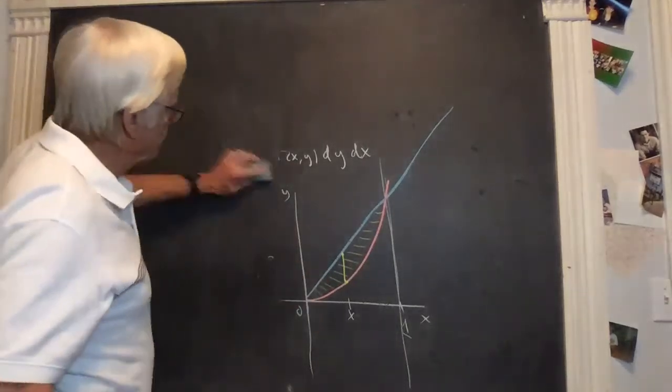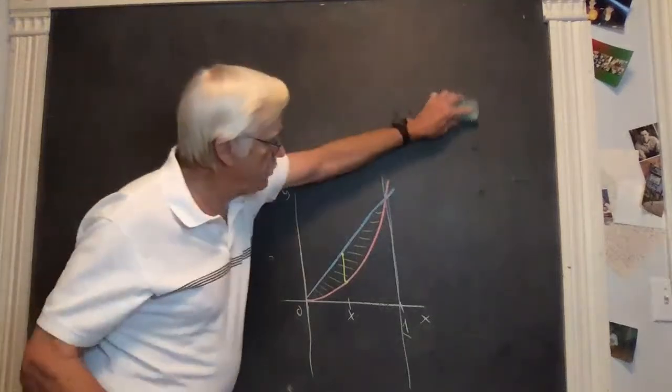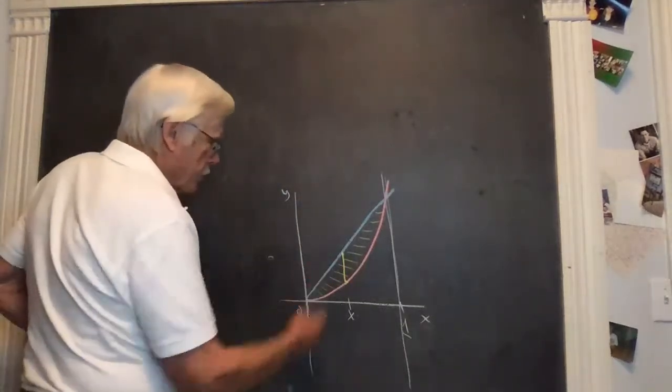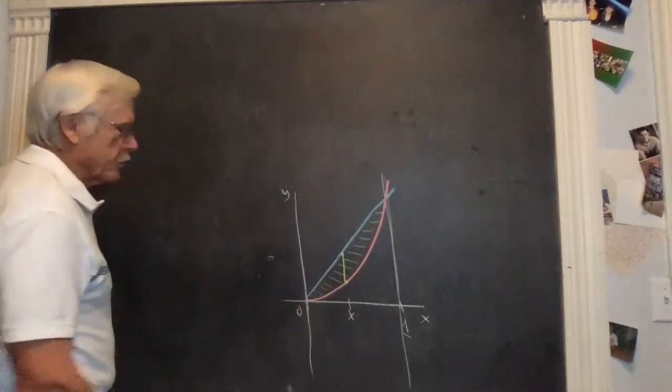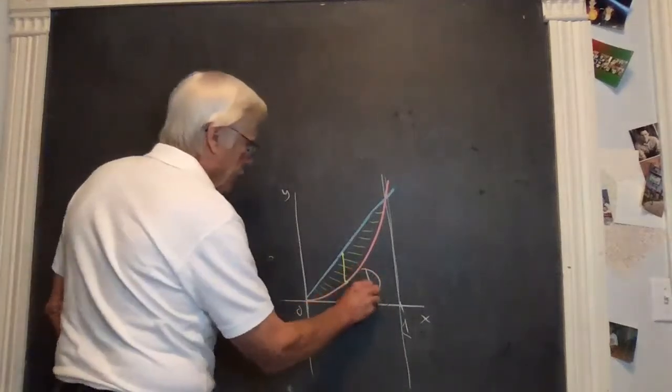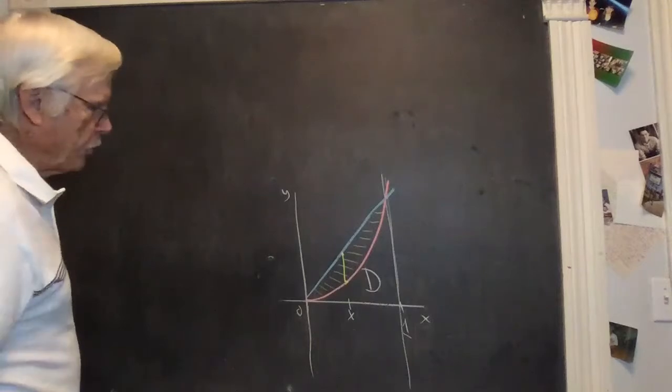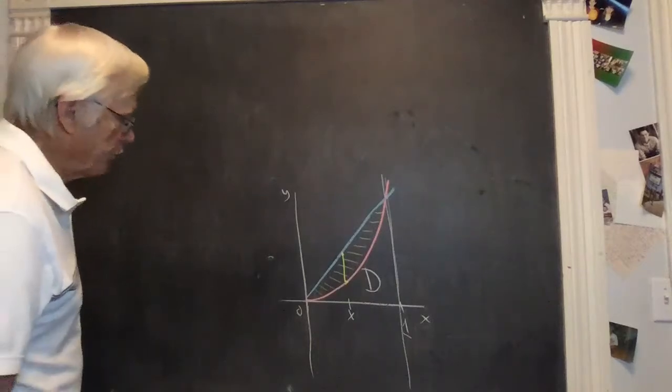The other way is to be given the region. If I'm given a region like this, how do you describe such a region? Let's call this region D for a minute. We just saw how you can define it.